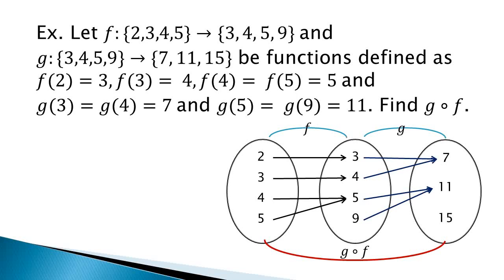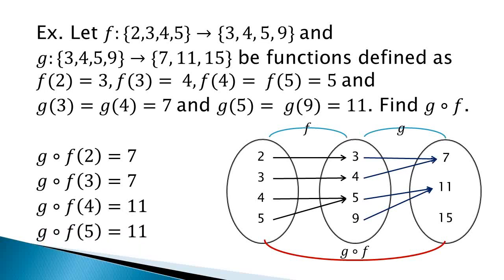If we follow the arrows, then we can find the images of the elements of the first set in the third set under the function g of f. g of f(2) is equal to 7 because 2 goes to 7. g of f(3) is equal to 7, 3 goes to 7. In this way the other two values are like this.